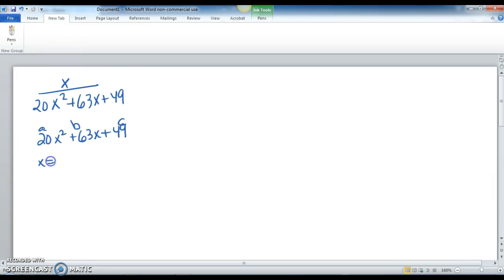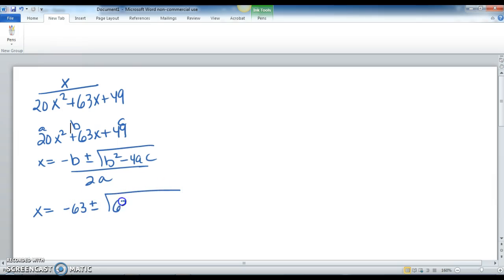The quadratic formula is x equals negative b plus or minus the square root of b squared minus 4ac all over 2a. So we have x equals negative 63 plus or minus the square root of 63 squared minus 4, a is 20, c is 49, all over 2 times 20.